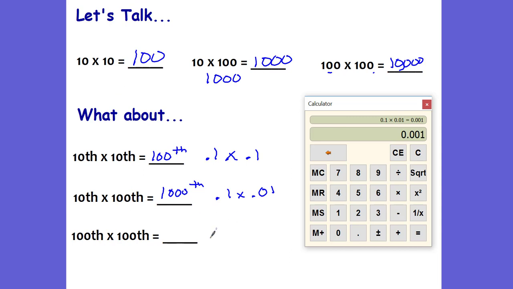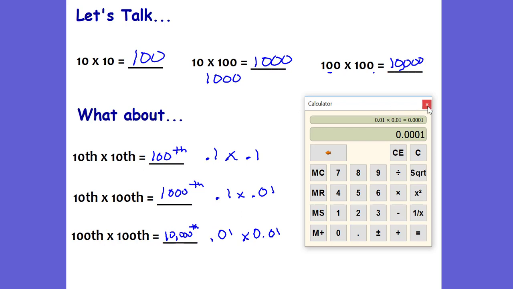Then if we do 100th times 100th, that's 0.01 times 0.01, that should be 10,000ths. So checking with our calculator, we have 100th times 100th equals, and count your decimal places. The first place value is the tenths, the hundredths, the thousandths, the 10,000ths.